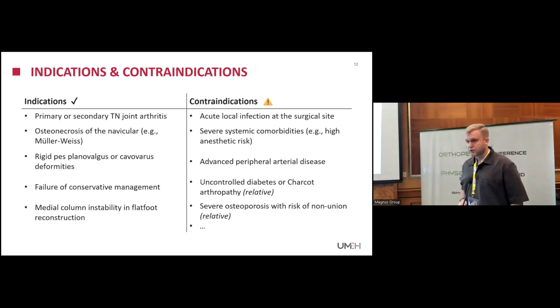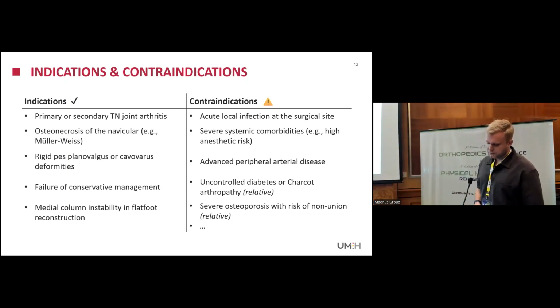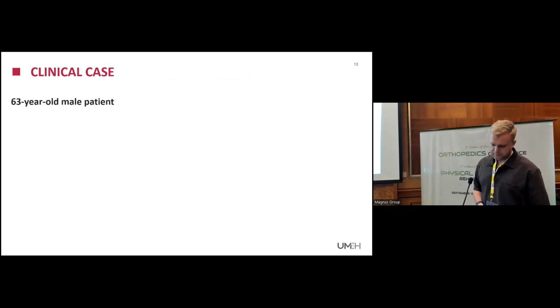Talking about contraindications, we have acute local infection at the surgical site. This is, of course, not special for the TN arthrodesis, but for other procedures as well. Severe systemic comorbidities, for example high anesthetic risk, advanced peripheral arterial disease, uncontrolled diabetes, severe osteoporosis. These are relative contraindications, and we do perform the MIS TN arthrodesis in these patients as well.